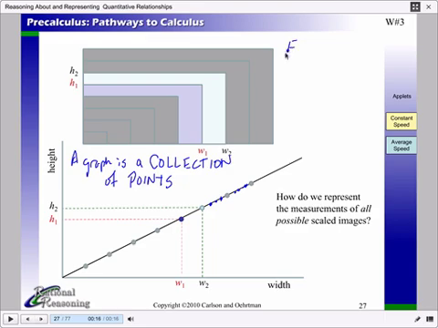So each point represents two values: corresponding values of the two quantities.